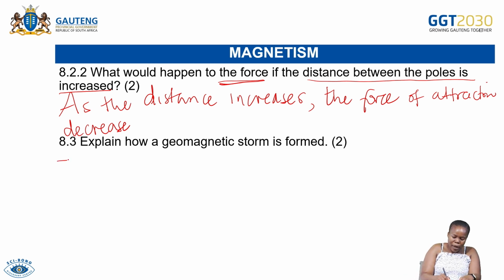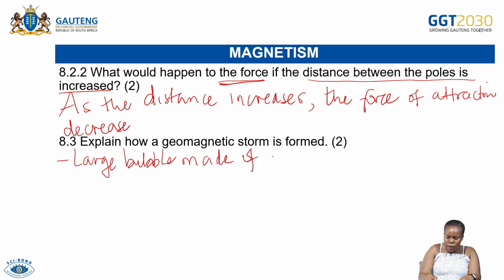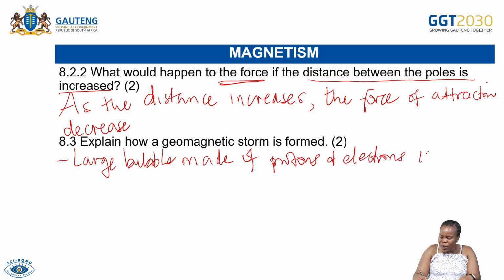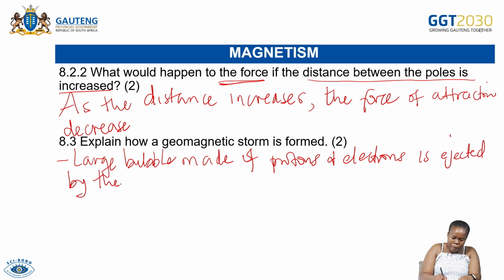Okay, so a large bubble that is made of protons and electrons is ejected by the sun and moves towards the earth.